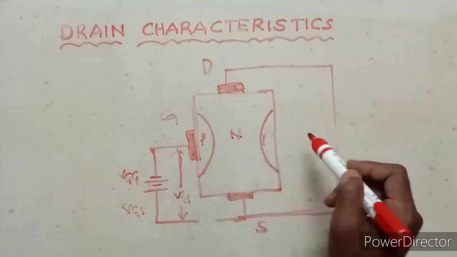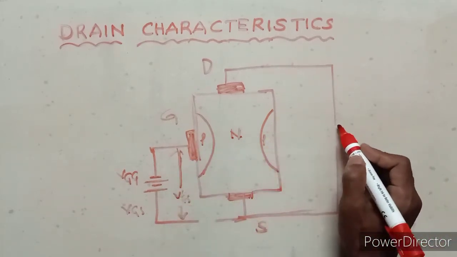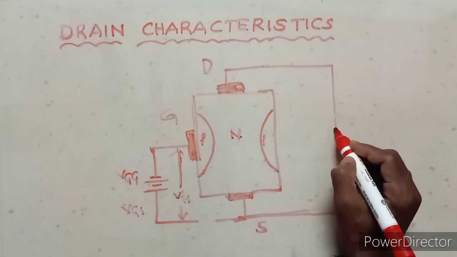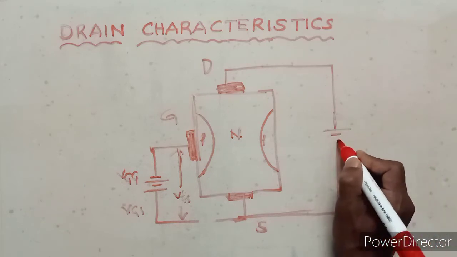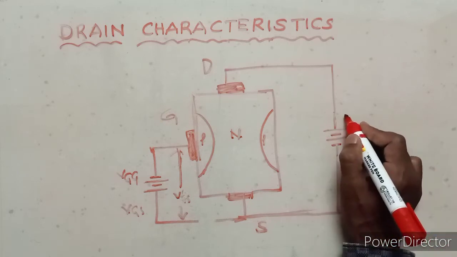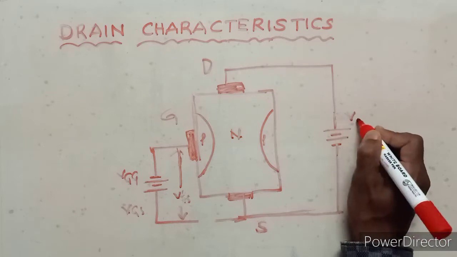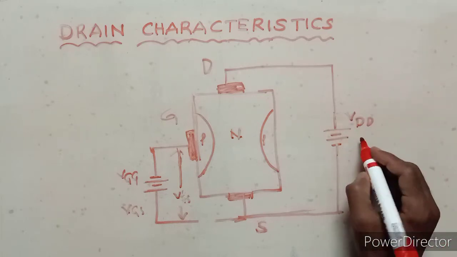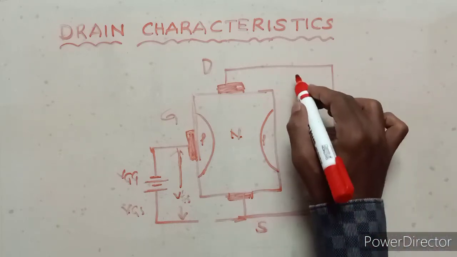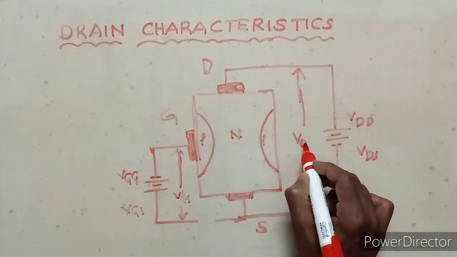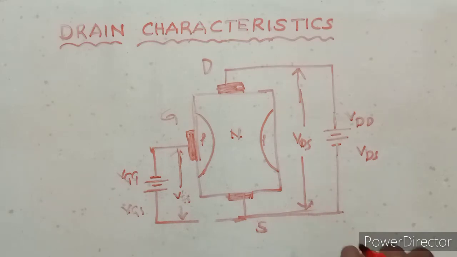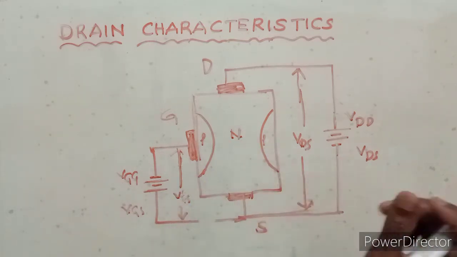This is the interchange of gate and source, positive connection. This battery is denoted by VDD and also VDS, drain source. The voltage between drain and source is denoted VDS. So first of all, VDS.